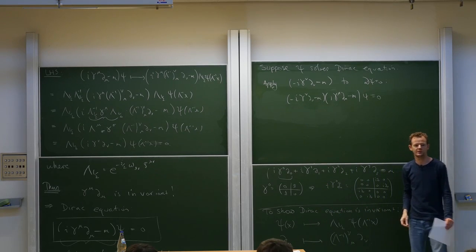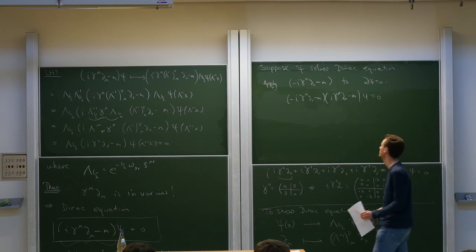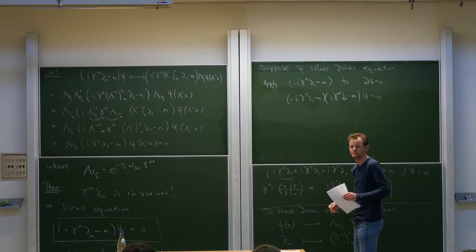So there we go. We apply that strange looking operator there, which is almost the Dirac equation, to something that's already 0.